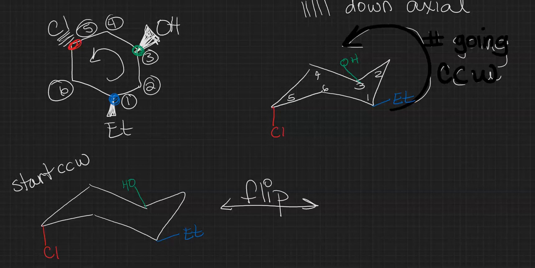We said this was 1, 2, 3, 4, 5, 6. And right here is an up tip. So I want to make sure my up tip, when I flip it, becomes a down tip.